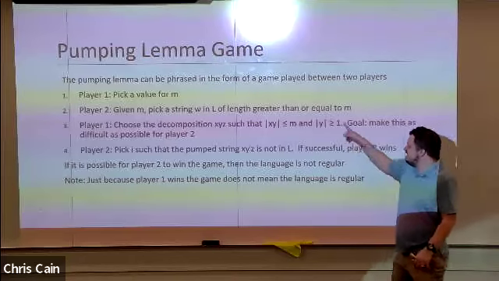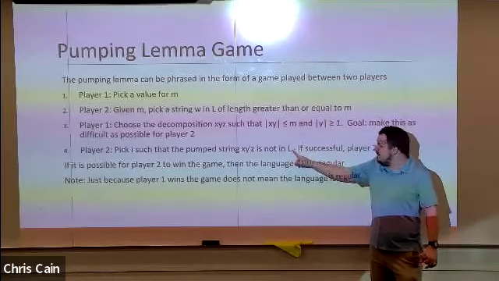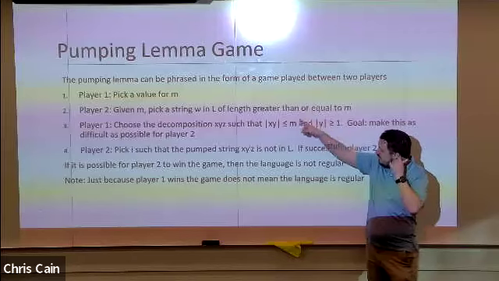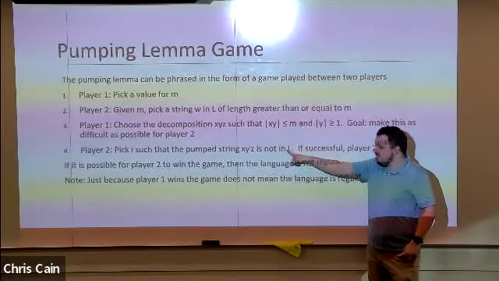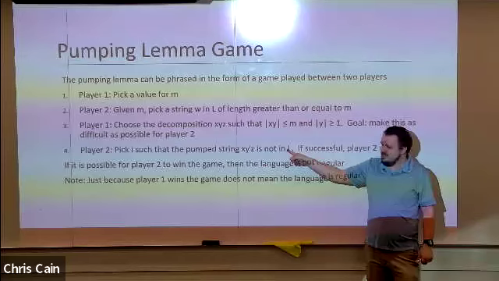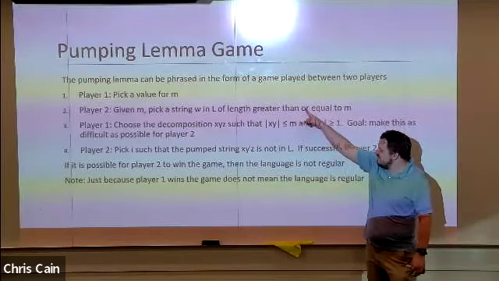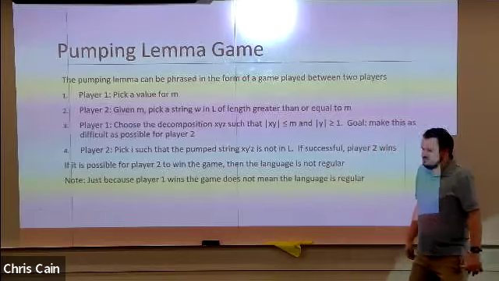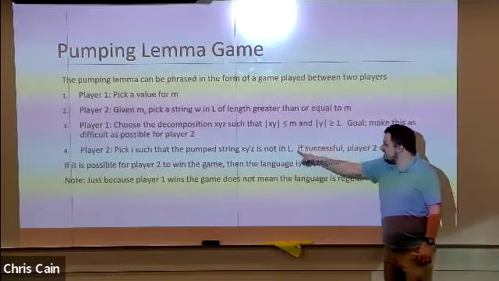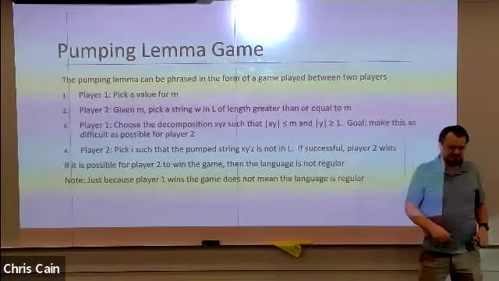So player two needs to be thinking ahead in this game to this step. Picking a string that says, no matter what player one does, I will be successful here. There will be intelligent and not so intelligent picks for the string that will either make this possible or not make this possible.